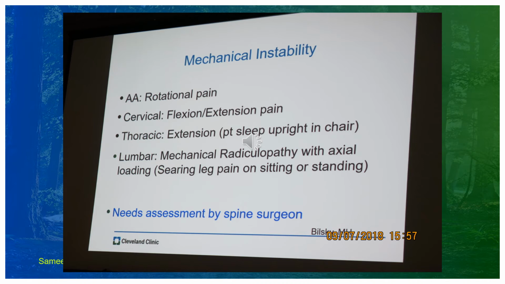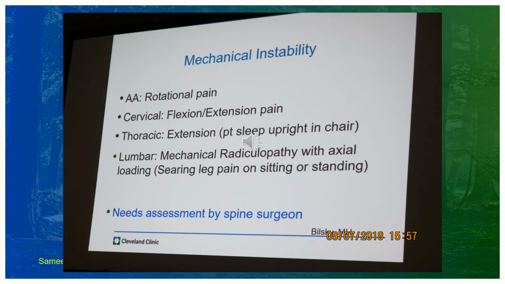In the atlantoaxial region, between the atlas and the axis, neck rotation will cause pain, and cervical spine flexion and extension will elicit pain, and dorsal spine extension will elicit the pain. In the history, these patients characteristically sleep upright in a chair to get relief of their pain.